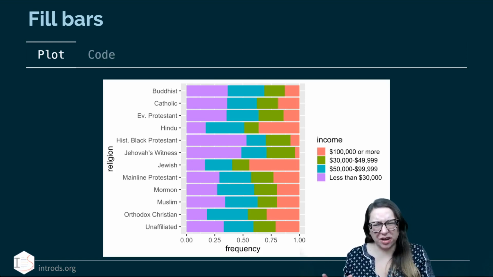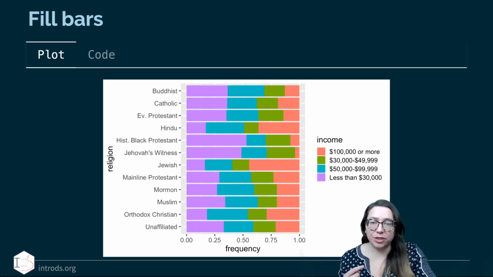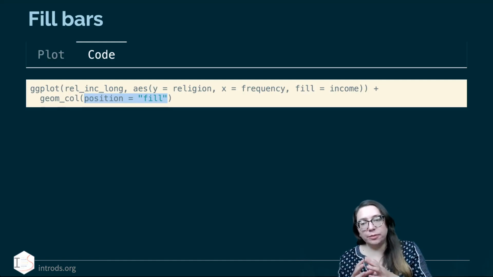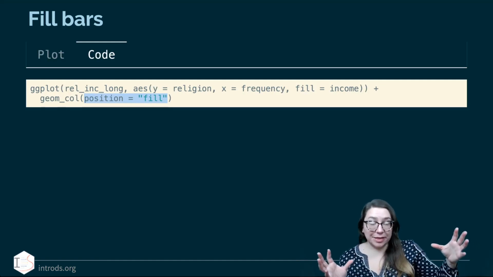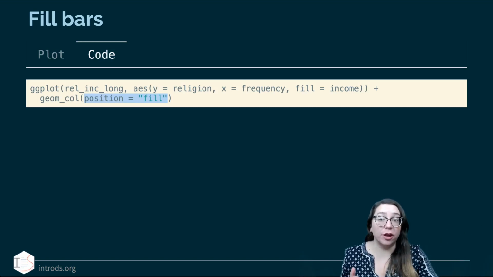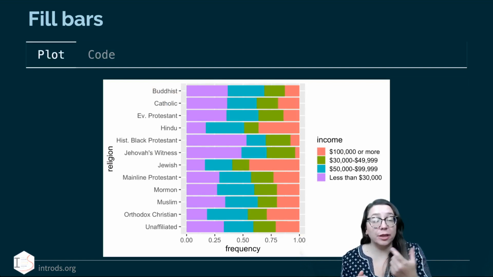That's what we had started with earlier, so we're coming full circle here. The way we can do this is by adding the position fill argument to our geom call. Position fill will expand the segments such that the length of each bar is 1, and the lengths of these little segments are going to be the proportions of these income levels as opposed to the frequencies.